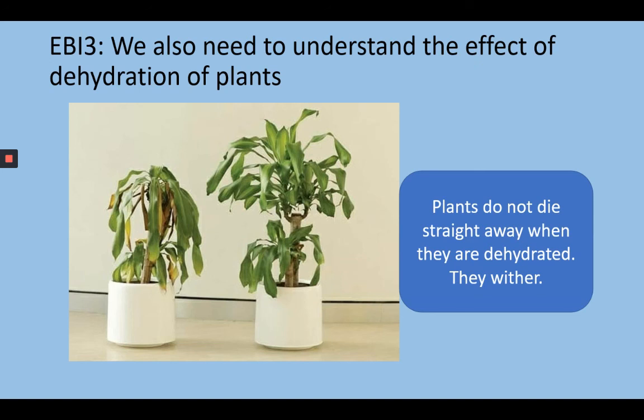They show signs that they're unhappy first. The leaves look heavy and point downwards, and you know straight away that you need to water this plant, because it is not going to make it if you don't water it now. So there is a period of time before they die. That's the main point. So I've gone through the 3 EBAs, and I hope that you find this useful.